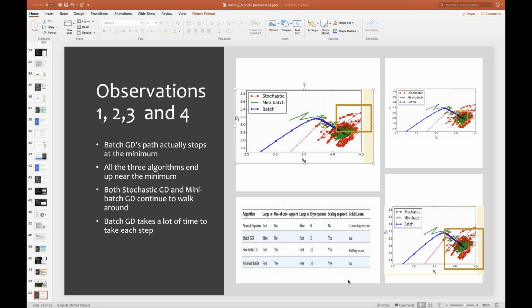Stochastic gradient descent for streaming data doesn't help you anyway because it assumes the new data coming in is already trained and it is spoiling the whole learning rate. It's spoiling the whole experiment it is learning from. That's the importance of your normal equation, batch GD, stochastic GD, and mini batch GD.